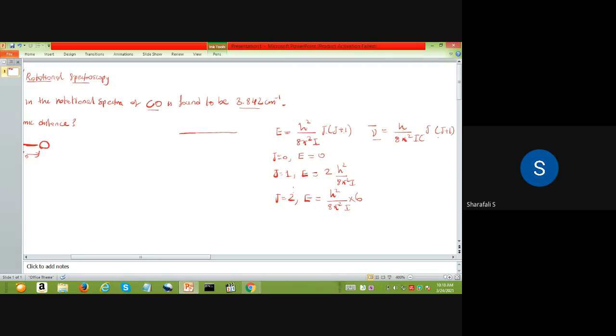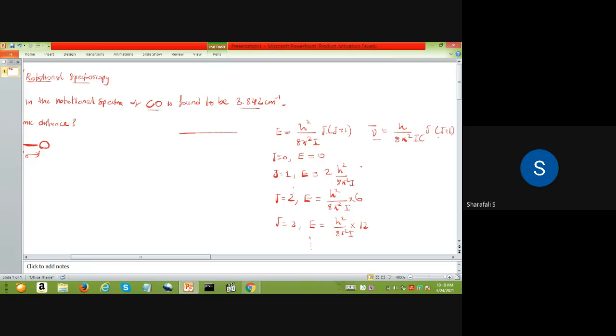And for J equal to 3, E equals h square by 8 pi square I into 3 into 4, that is 12, and so on.